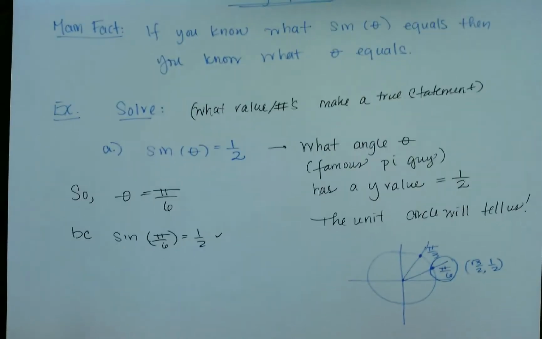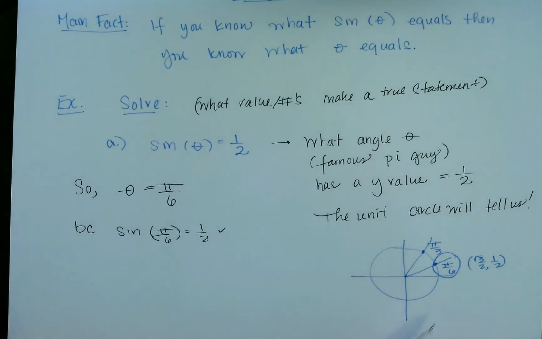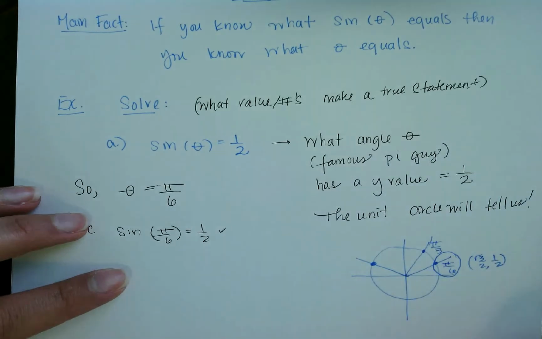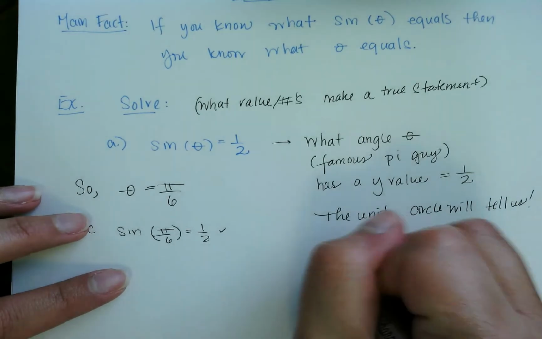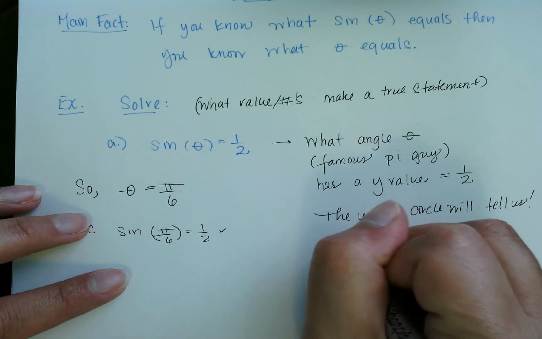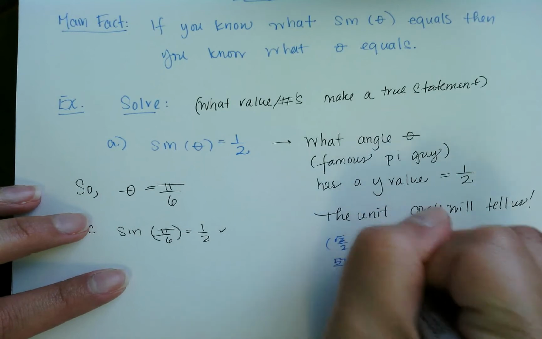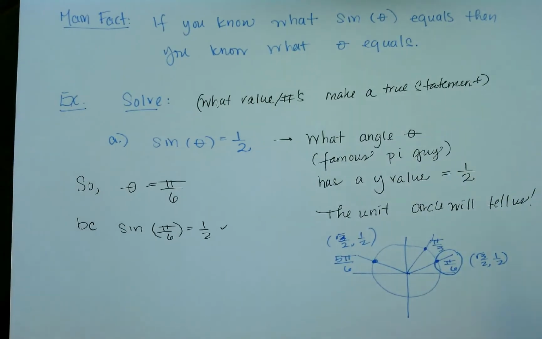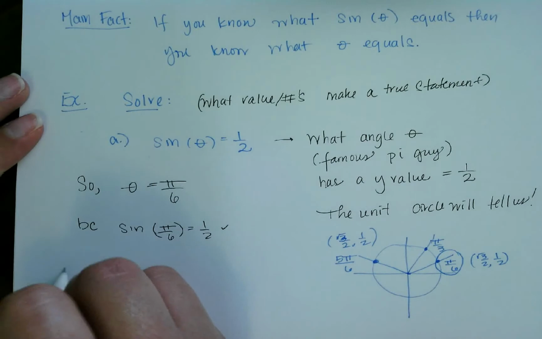But somebody should be thinking, but wait a minute, Sam, what about this pi over 6 guy? Which pi over 6 is that? Yes, that's 5 pi over 6. That also has a y value of 1/2. So we could possibly have more than one answer. But theta equals 5 pi over 6 also works.